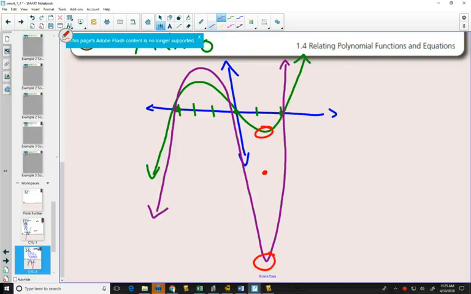What you need to do for your sketch is have the correct shape, which has end behavior starting down there and ending up there, and a smooth curve. You need to go through all of your x-intercepts. Just make them big so they go through.